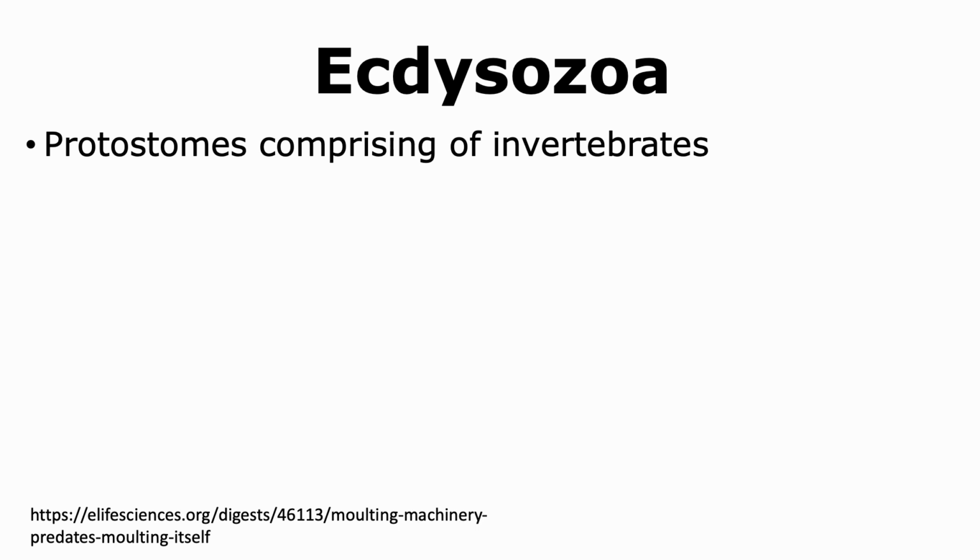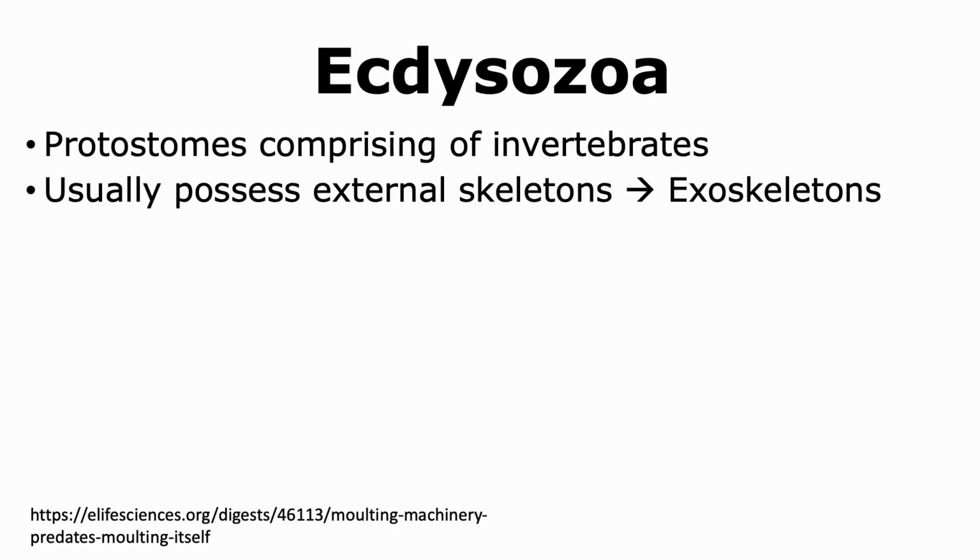Similar to Lophotrochozoans, animals that belong to the clade of Ecdysozoa are invertebrates that are protostomes. What is different among these animals is that they usually possess external skeletons that are also called exoskeletons. These exoskeletons are usually made from polysaccharides like chitin.